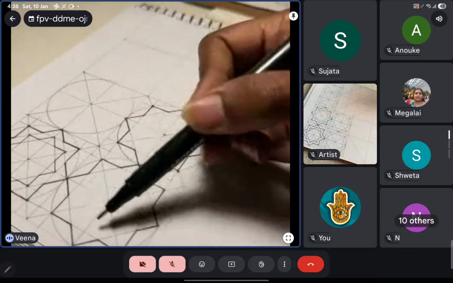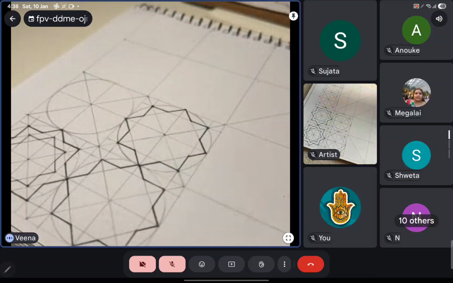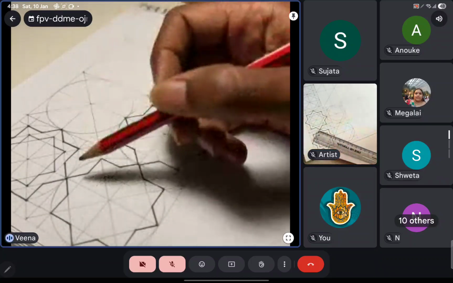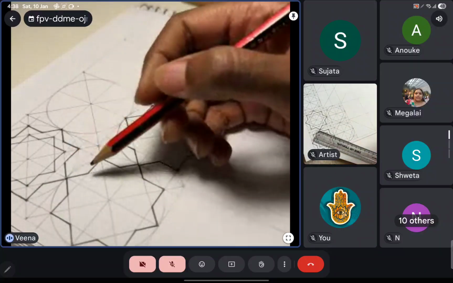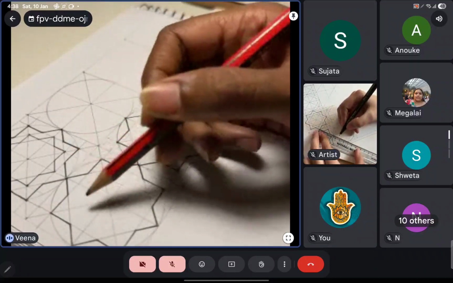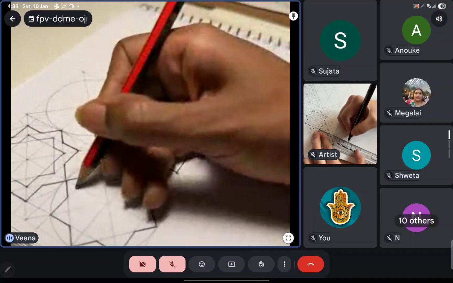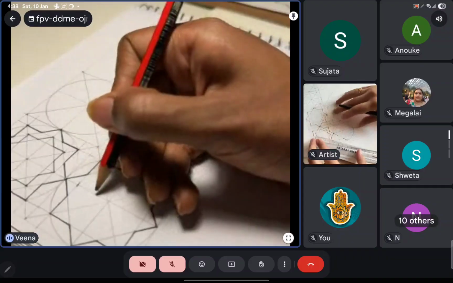And now we're going to construct the similar one within this. So someone earlier had asked a question, right? Like, what is the measurement of the inner circle that we're taking? So the measurement is basically this square. The square is your measurement.